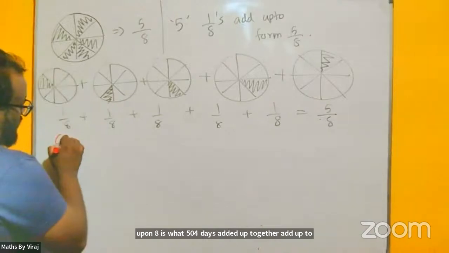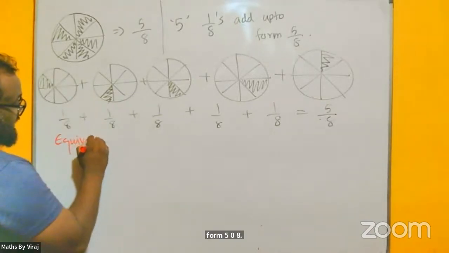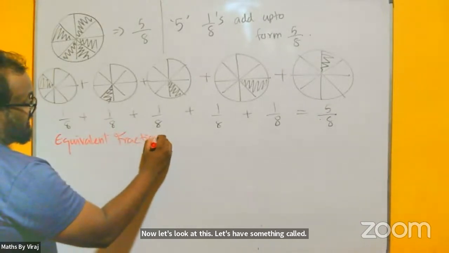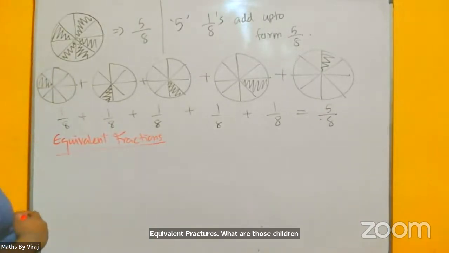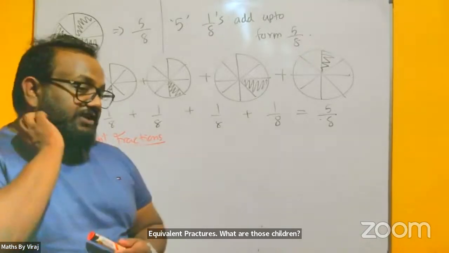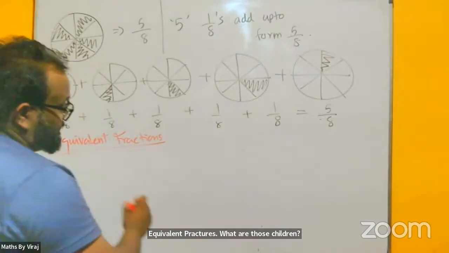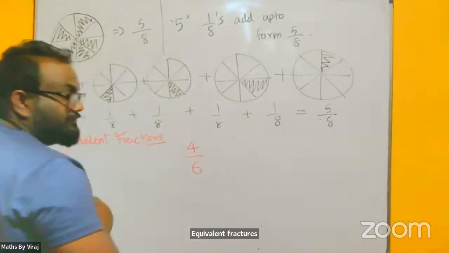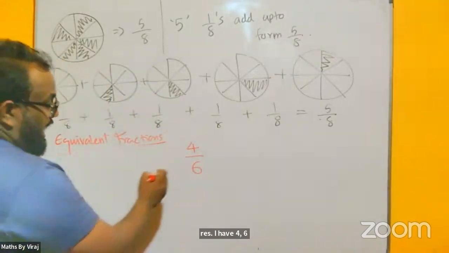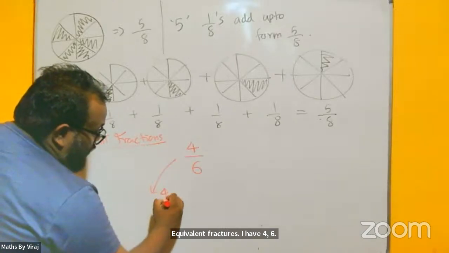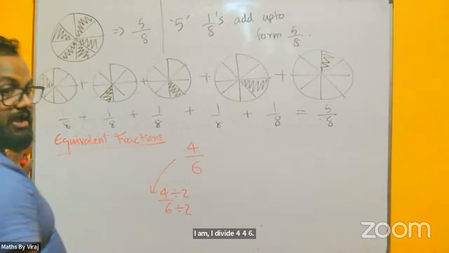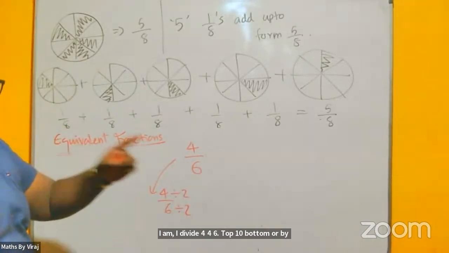Now let's look at this. Next we have something called equivalent fractions. What are those, children? What are equivalent fractions? I have 4 upon 6.